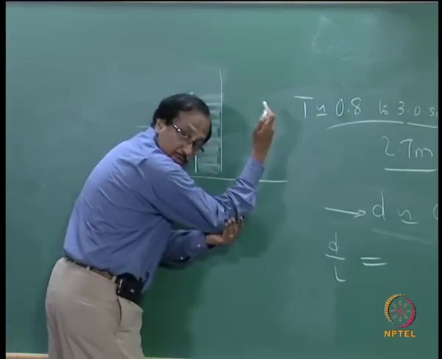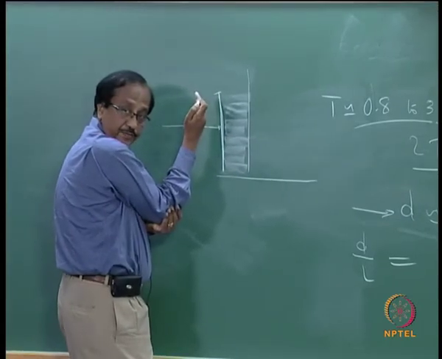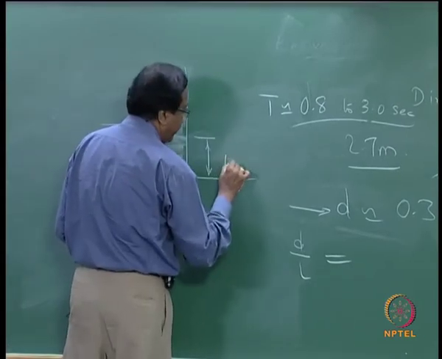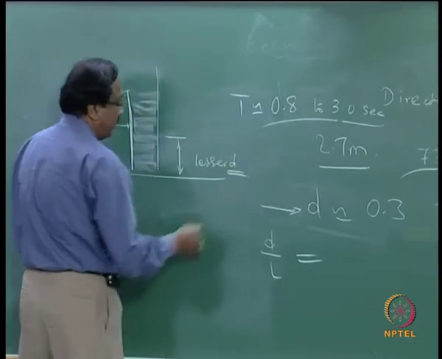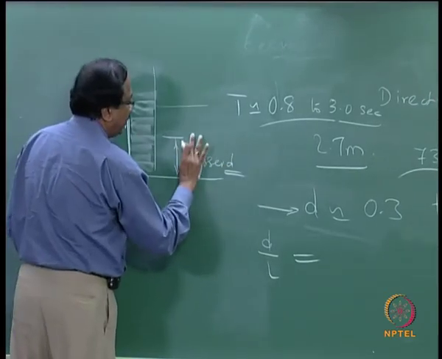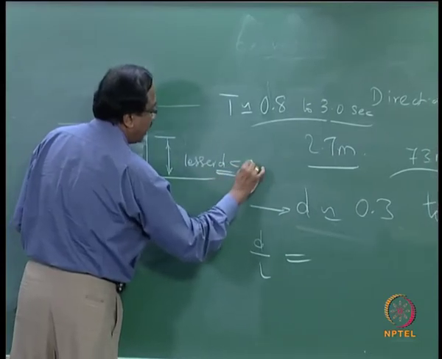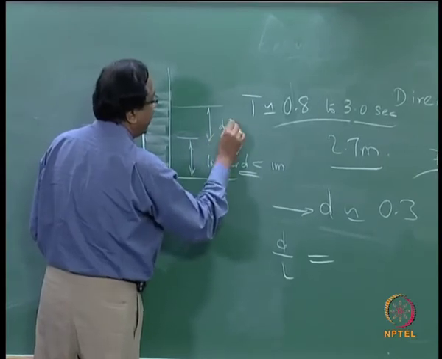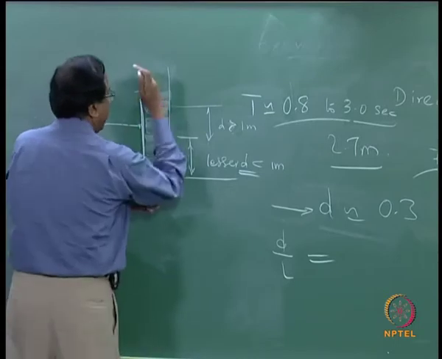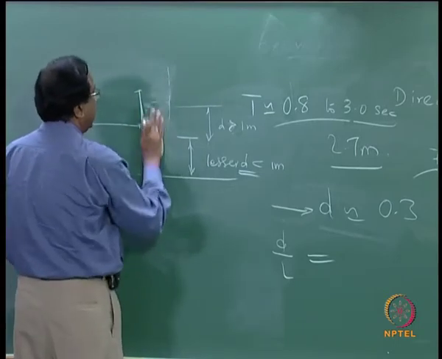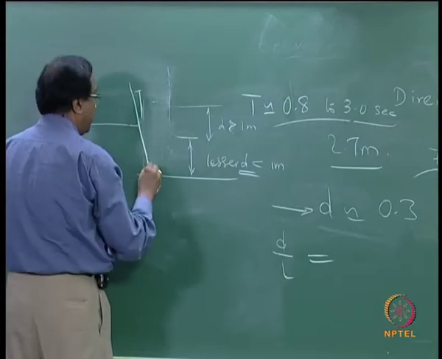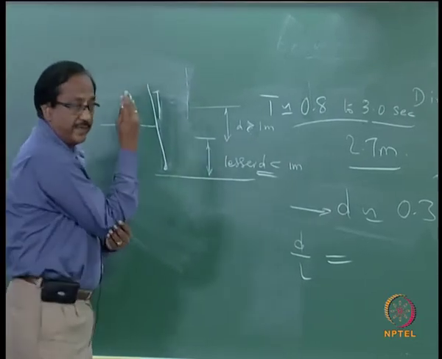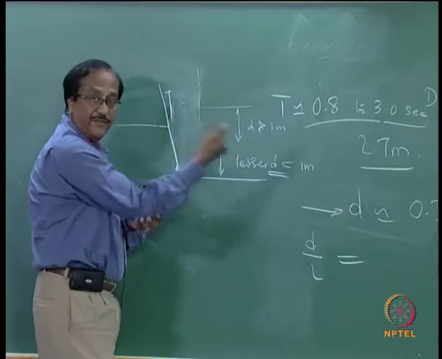The whole wave maker will be moving as a piston in the piston mode, and this is in the case of a lesser water depth, that is water depth less than 1 meter. For water depth greater than 1 meter, this will be oscillating in the hinged mode. It will be flap mode. Understand? One is the piston mode and the other one is the flap mode.